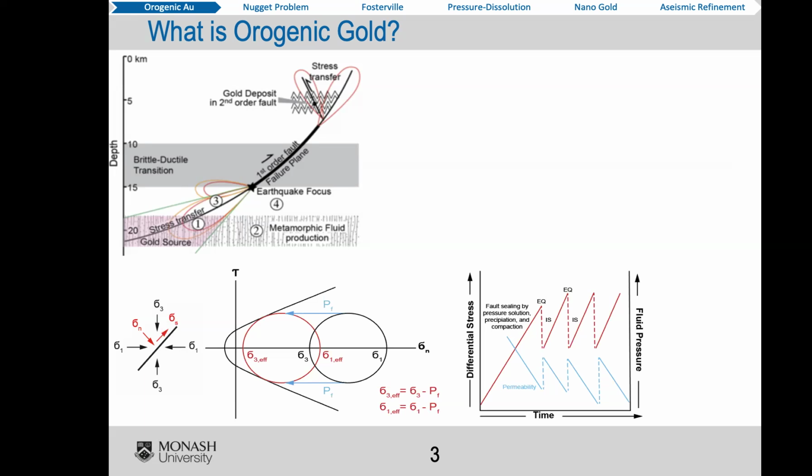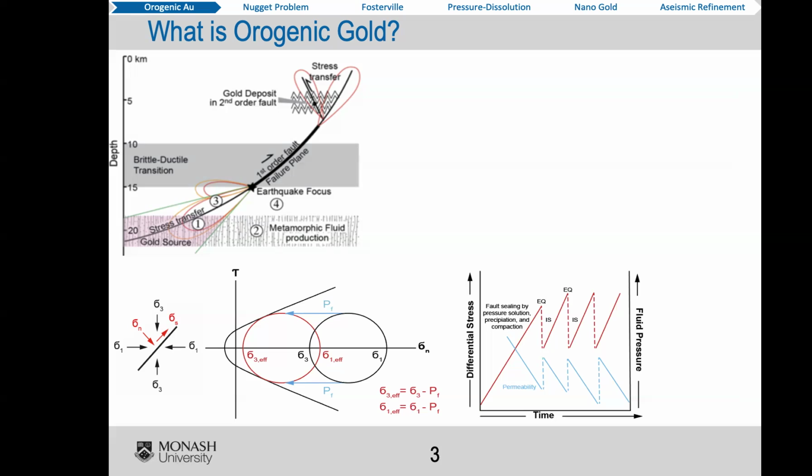The reason I have the Mohr-Coulomb diagram there is because we're not really going to talk about the earthquake stuff. This is almost the antithesis of the talk I gave yesterday. Yesterday I wanted to talk about what happened during earthquakes and quartz rattling and piezoelectricity. I'm mainly going to talk in this one about interseismic periods, so periods after the earthquakes or in between earthquakes when we make these things.